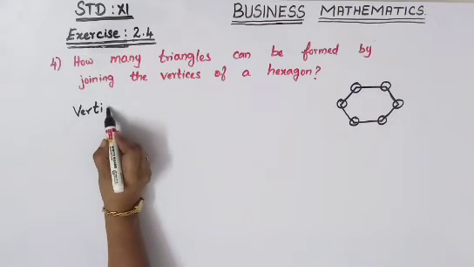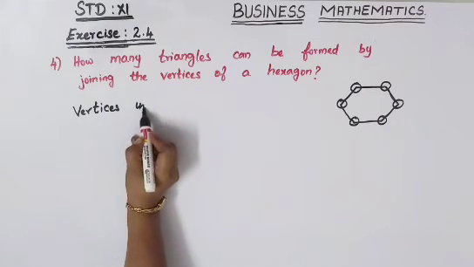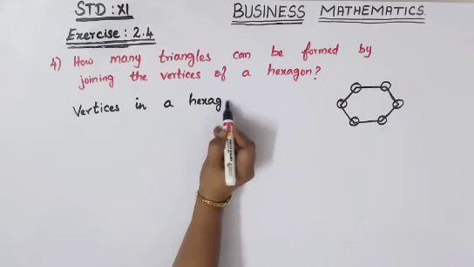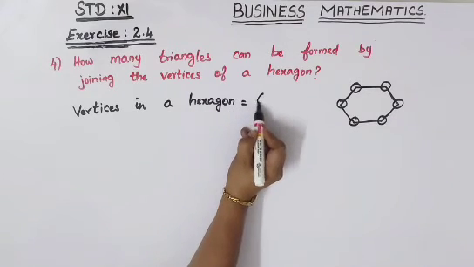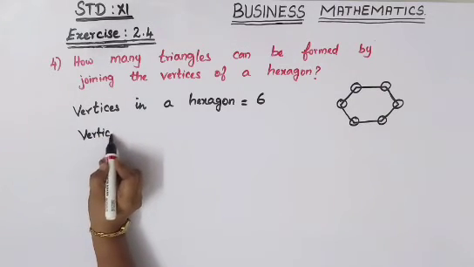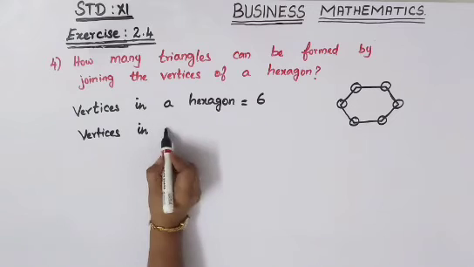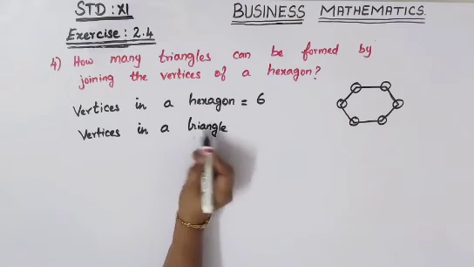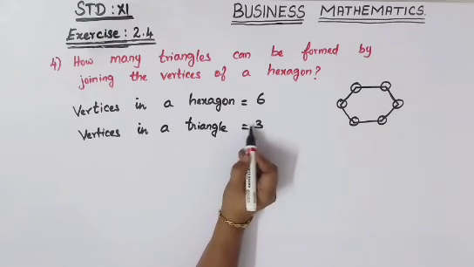Okay, 3 vertices or 3 sides will be there in a triangle. Okay, vertices in a hexagon is 6 vertices you'll have it. Okay, then vertices in a triangle is, so 3 vertices or 3 sides will be there in a triangle.